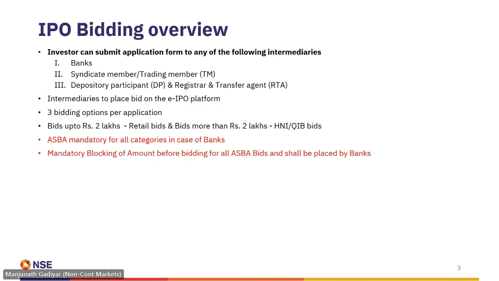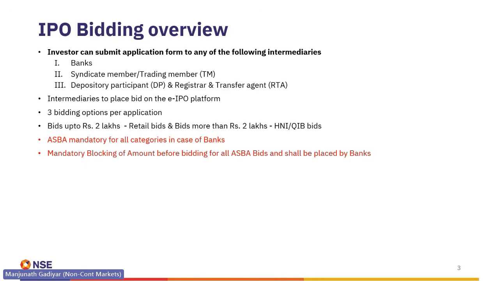Okay, I will go through and also explain the nuances that participants can see over the screen. We were just mentioning the overview, where bidding options per application are available. Correct. Currently, in an IPO, especially in a book building process, you will have three options for bidding per application.